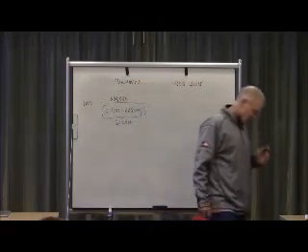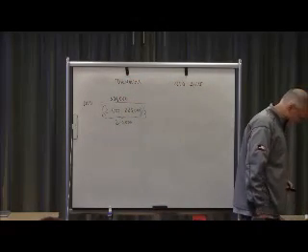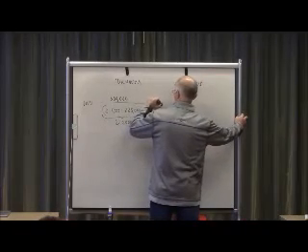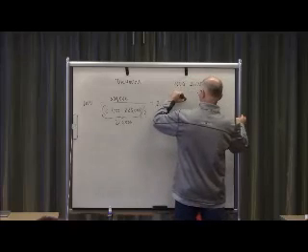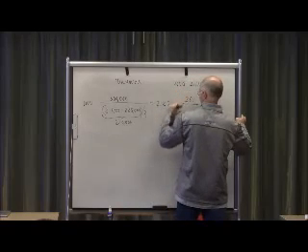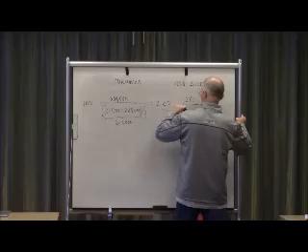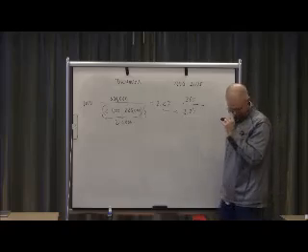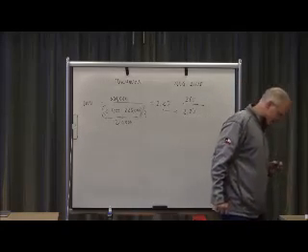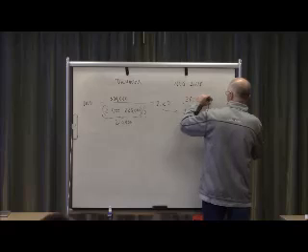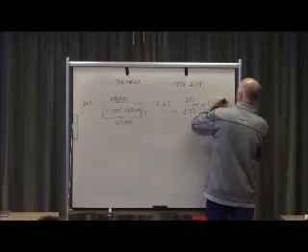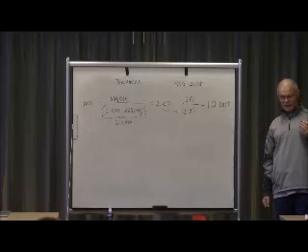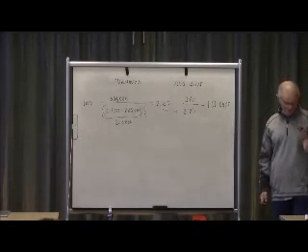So 500 divided by 220 is 2.27 times. Then you take 365 divided by 2.27, and that's 160.6 days. So on average, our stuff sits on the shelf 161 days before somebody comes in to buy it.